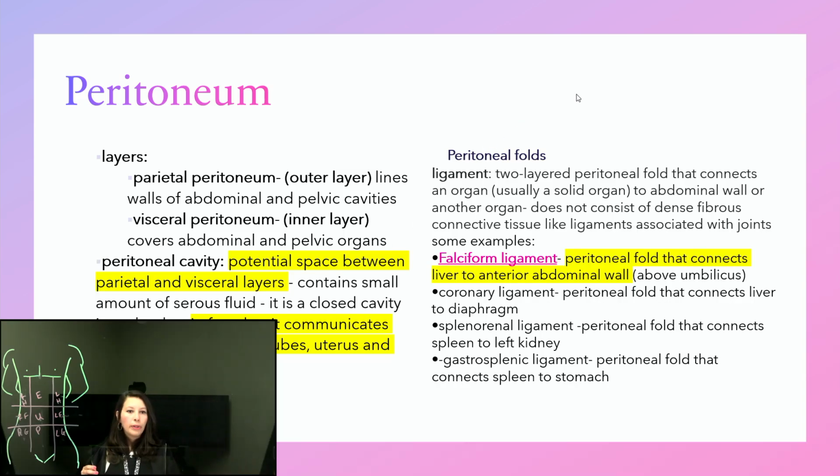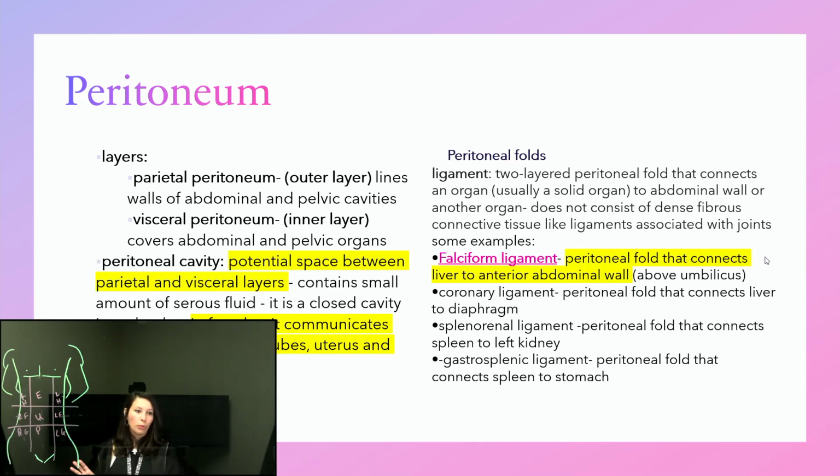Now, the peritoneum is going to have some folds, and these folds are going to be forming specific ligaments, right? We have two-layer peritoneal folds that are connecting an organ to the abdominal wall or another organ typically. One of the main ligaments that we have to talk about is the falciform ligament.